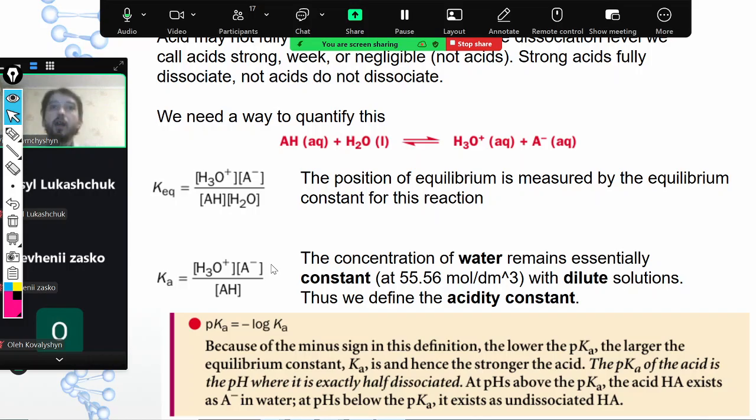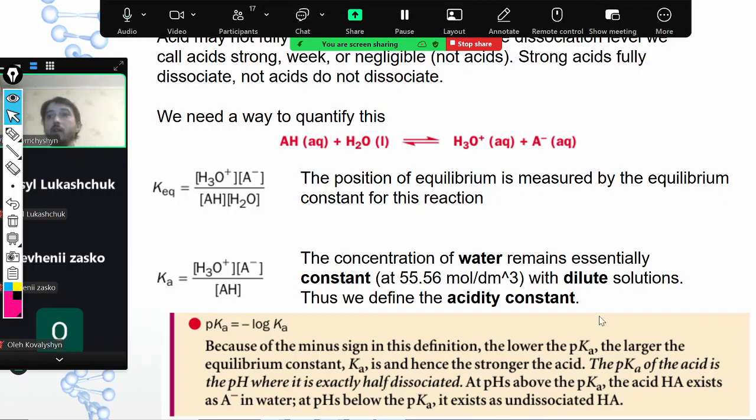Now, pKa. Once again, if I write p, that's the negative logarithm base 10 of something, in this case Ka. Because of the minus sign in this definition, the lower the pKa, the larger the equilibrium constant Ka, and hence the stronger the acid. So if you see a pKa that is low, for example 1, that's a really strong acid. If it is something near 7, it's not an acid.